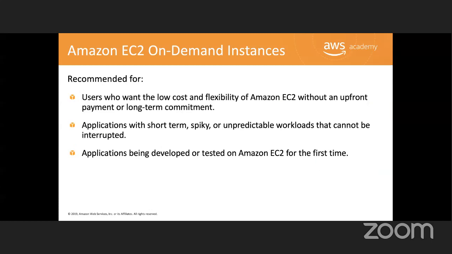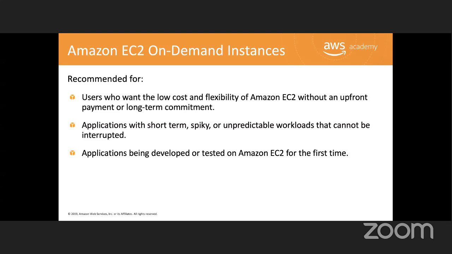Amazon EC2 on-demand instances are recommended for users who want the low cost and flexibility of Amazon EC2 without an upfront payment or long-term commitment. This is without interruption, don't forget that. The one that can be interrupted is spot instances. So on-demand is for short-term, spiky, and unpredictable workloads that cannot be interrupted. That's very important, that's the use case.